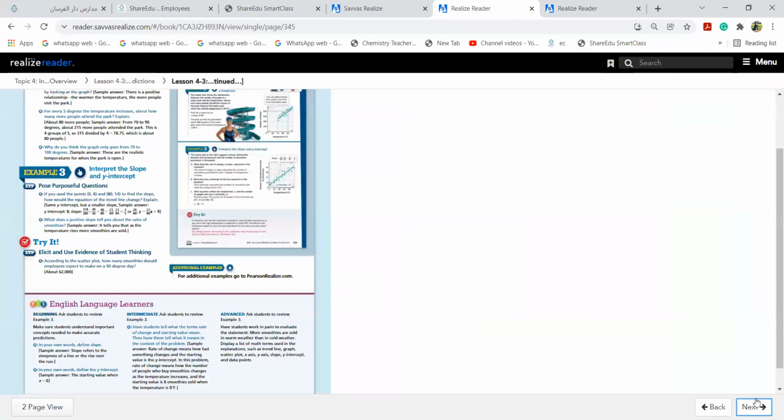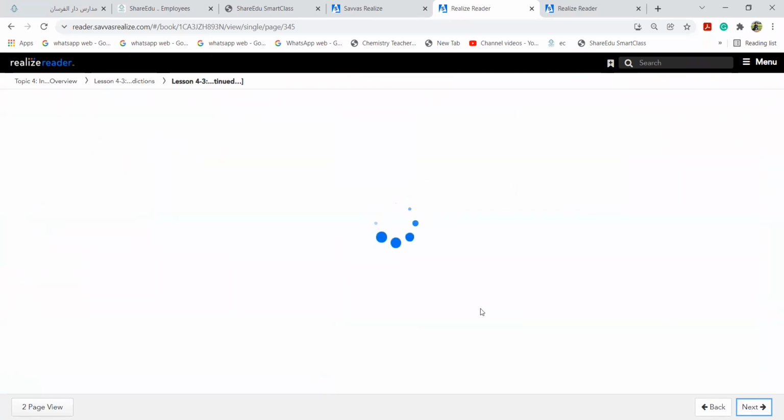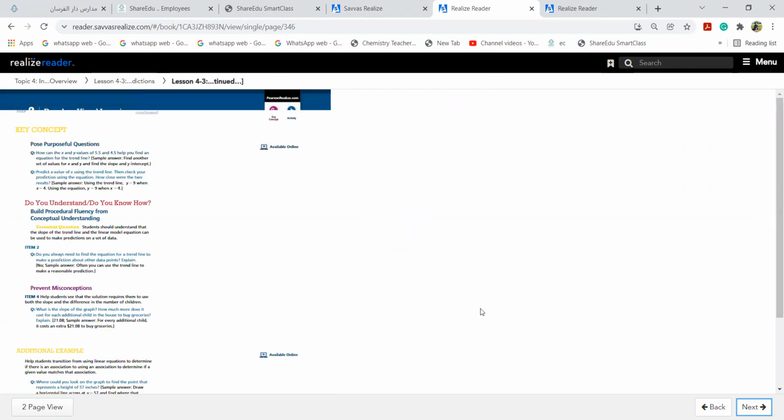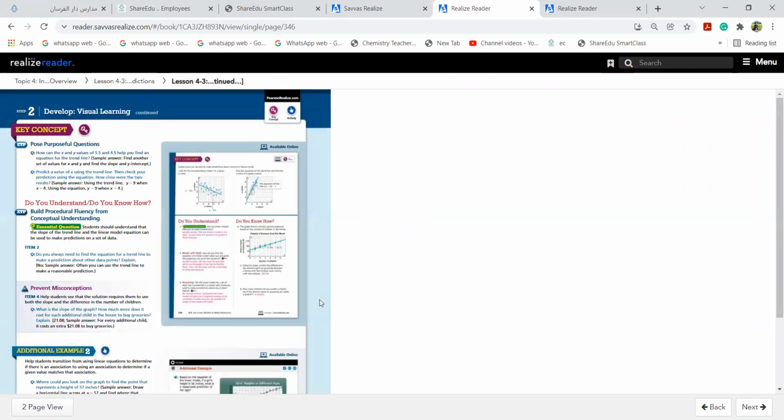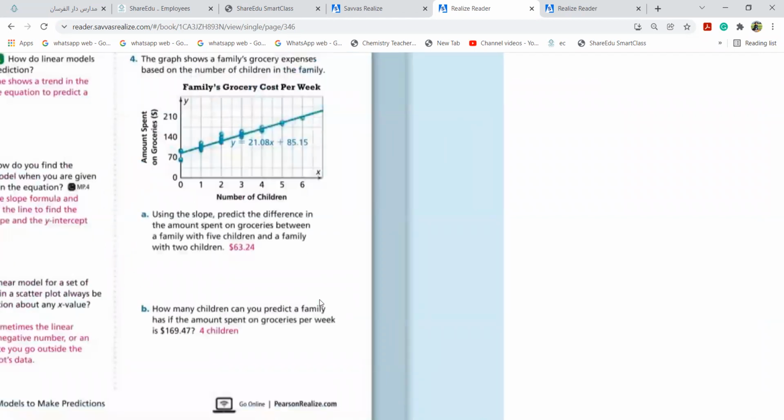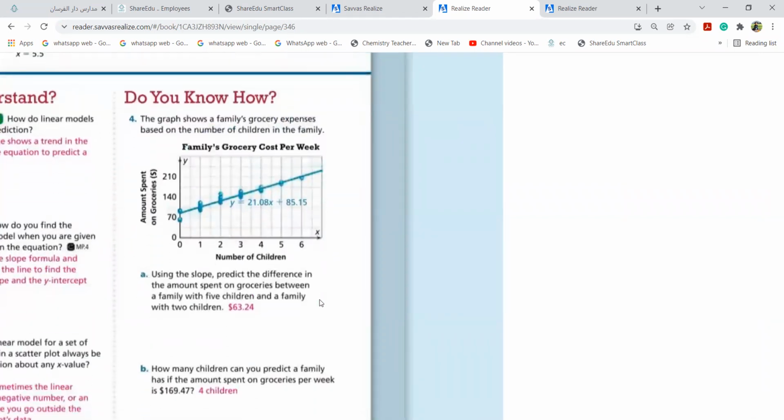Put a cross mark to page 225. Go to page 226. The graph shows a family grocery expenses based on the number of children in the family. Using the slope, predict the difference in the amount spent between a family with 5 children and a family with 2 children, okay?